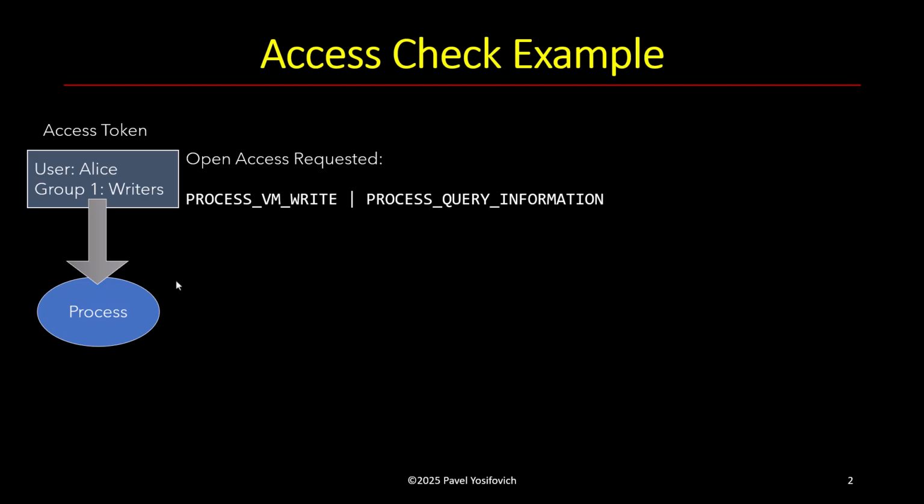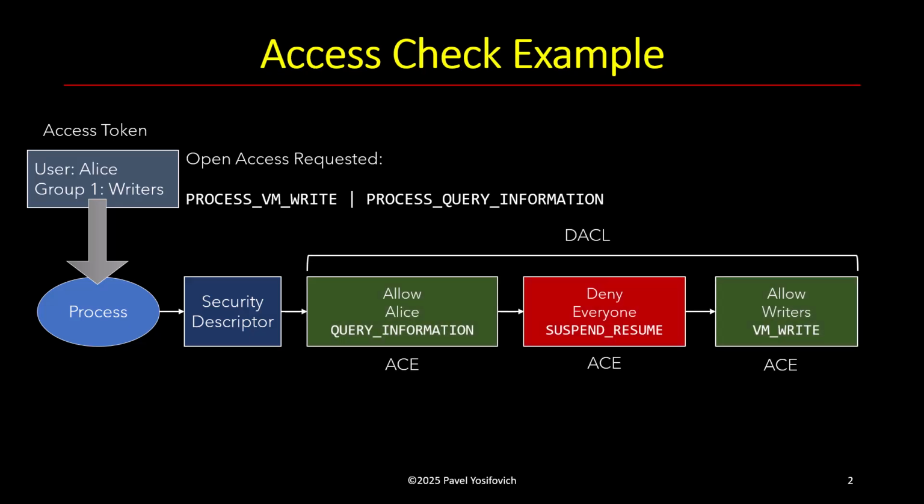And so the process, being a kernel object, is protected using something called a security descriptor, which maybe I'll discuss in more detail in a separate video. And a security descriptor has two main ingredients. One of them is the owner of the object, which I'm not going to cover here. And the second thing is how this object is protected using something called the discretionary access control list, or DACL for short.